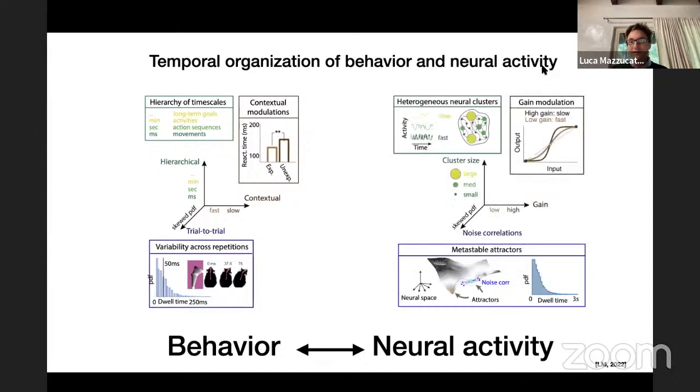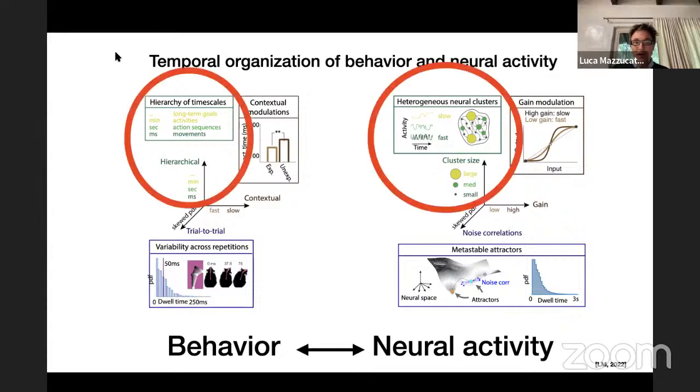And so we study the neural mechanisms of these different temporal variability axes. In particular, today we're going to focus on how a hierarchy of timescales might arise from some simple recurrent neural circuits.